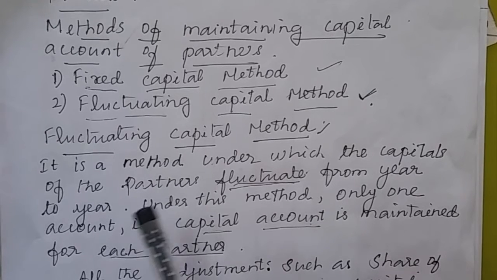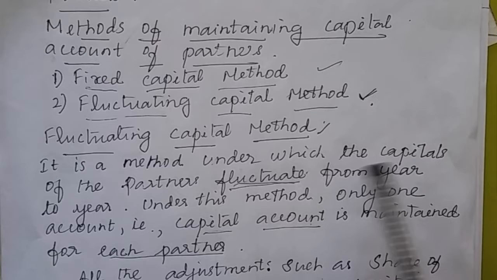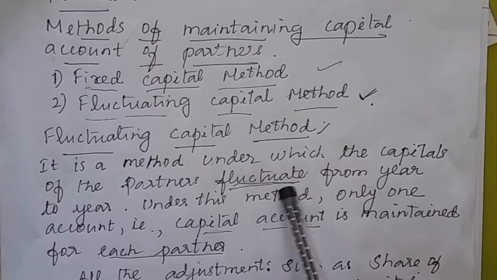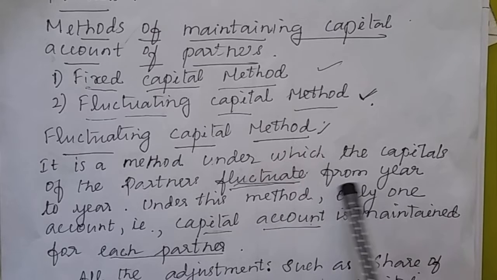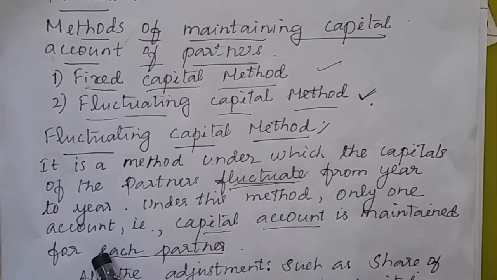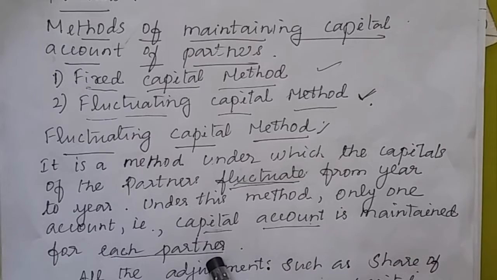The fluctuating capital method is a method under which the capitals of the partners fluctuate. Fluctuate means change from year to year. Under this method, only one account, that is the partner's capital account, is maintained for each partner.